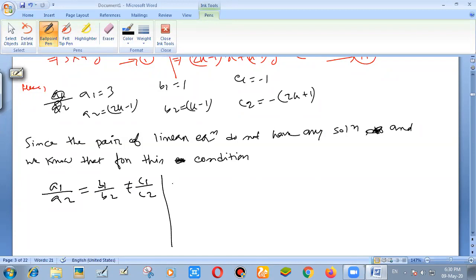Now just put the values here. a1 is 3, a2 is 2k minus 1, b1 is 1, b2 is k minus 1, does not equal to c1 is minus 1.